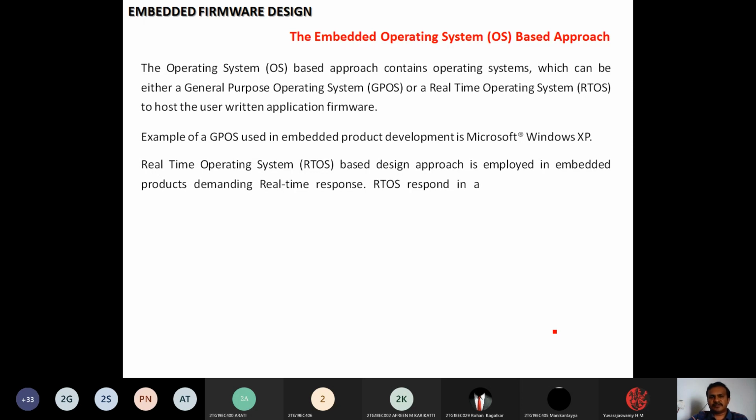The RTOS, real-time operating system based design approach, is employed in embedded products demanding real-time response. Where there is a demand of real-time response, we host this firmware in that RTOS environment. The RTOS responds in a timely and predictable manner to each event.